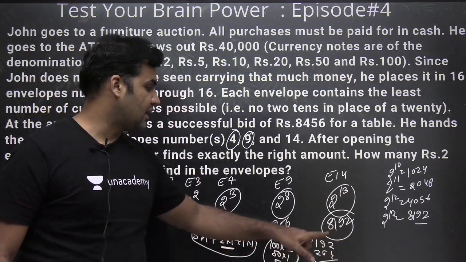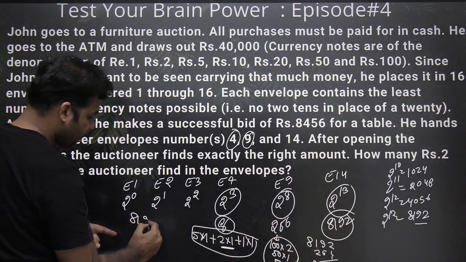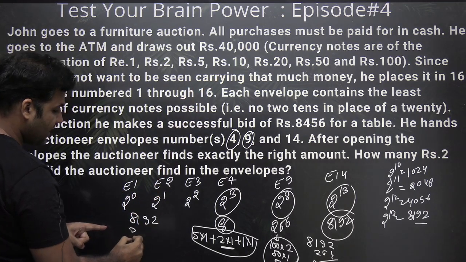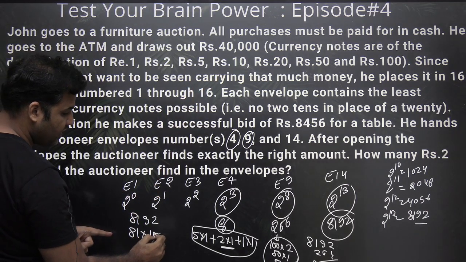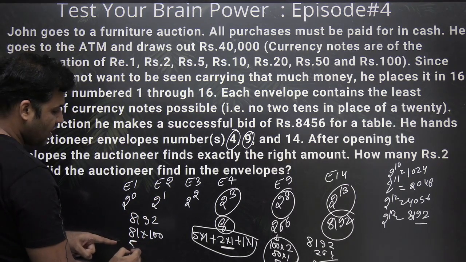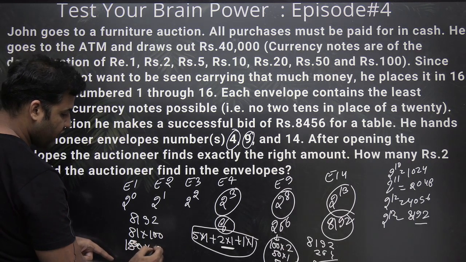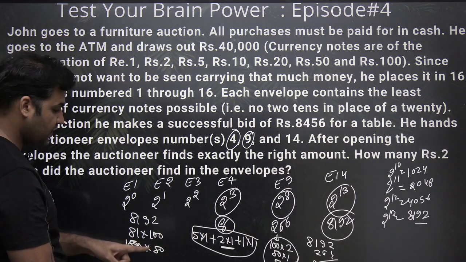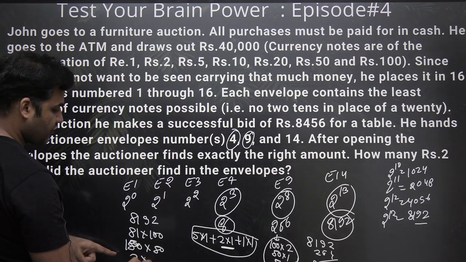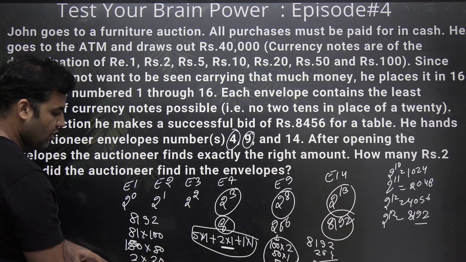Look at this money, that is 8192. Now in 8192, the highest note is 100, so I'll be using 81 notes of 100 rupees, and to put 90 I will be using 1 note of 50 rupees, then 2 notes of 20 rupees, that is 8190, and I'll have to use 1 note of 2 rupees.